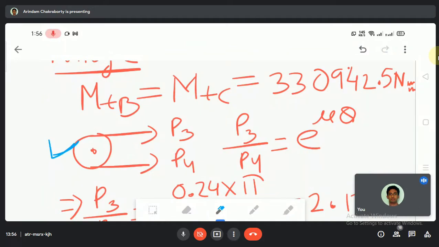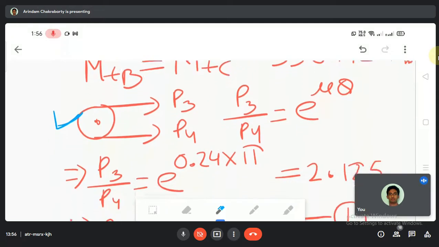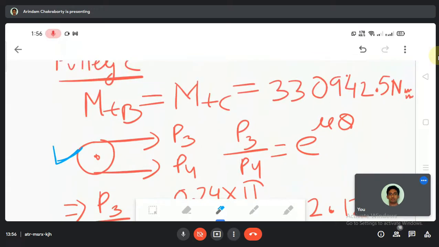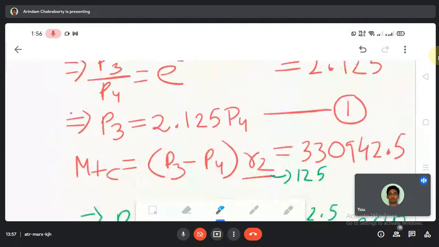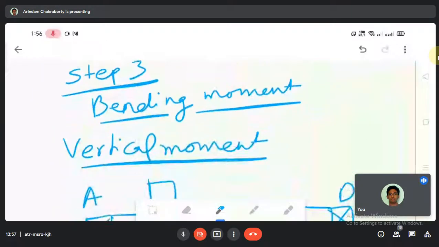So does it make any sense to consider it as a vertical load? Can we consider pulley C as applying any vertical load? Yes or no? Since we are considering the pulley weightless, there is no vertical loading in pulley C. That's why pulley C will be obsolete while considering the vertical moment.